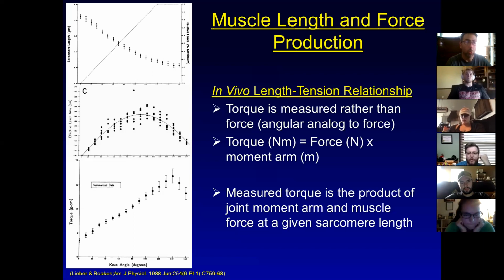And so what we're actually able to get when we look at these in vivo relationships is force production due to some changes in sarcomere length, but then that has to get multiplied out by the change in the moment arm. And so generally, you are strongest where your moment arm is going to be the biggest, and that tends to be in the middle portion of a range of motion. So at very extended and very flexed joint angles, you're weaker, and in the middle, you're a little bit stronger.